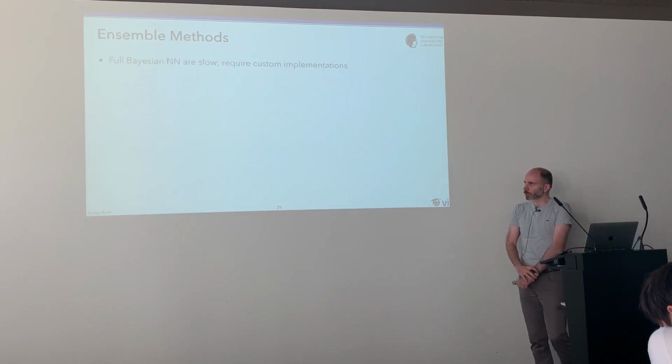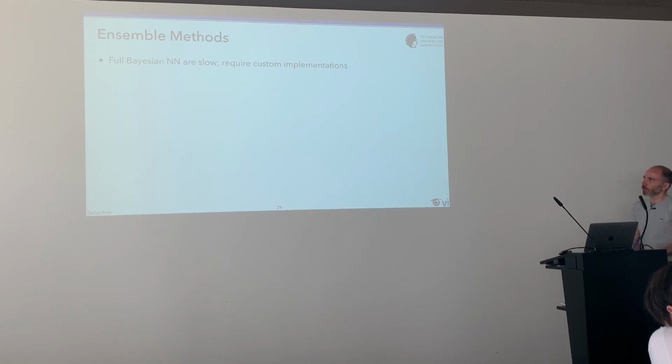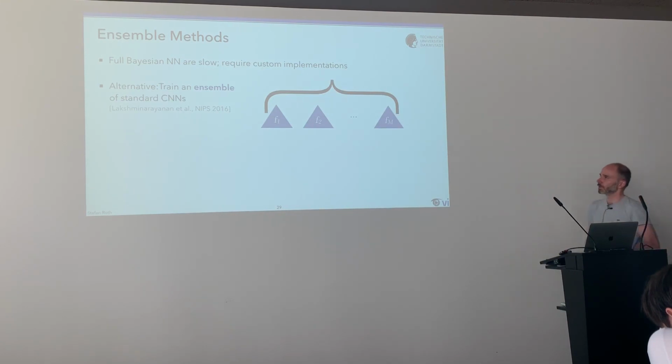Another approach that's been tried in that context is ensemble methods. They have a number of motivations. One is speed, as I mentioned, and the other is that full Bayesian deep learning requires custom implementations. It's not what's in our typical libraries, and hence people don't use it as much.